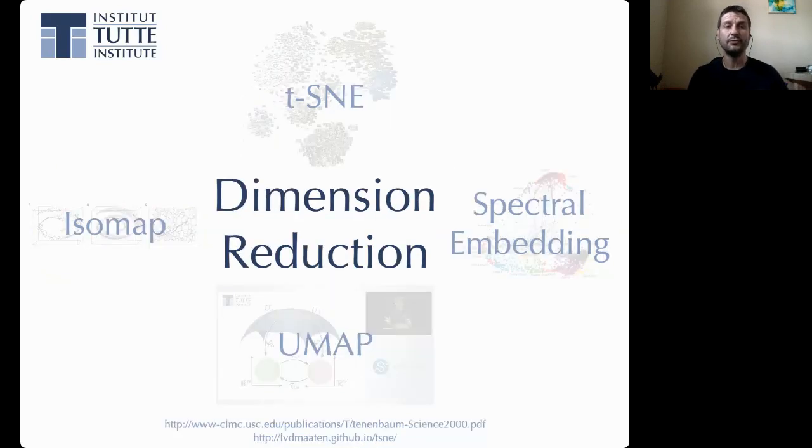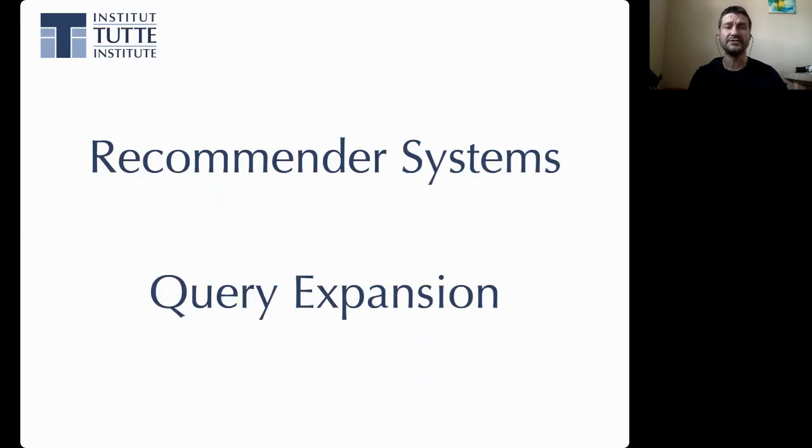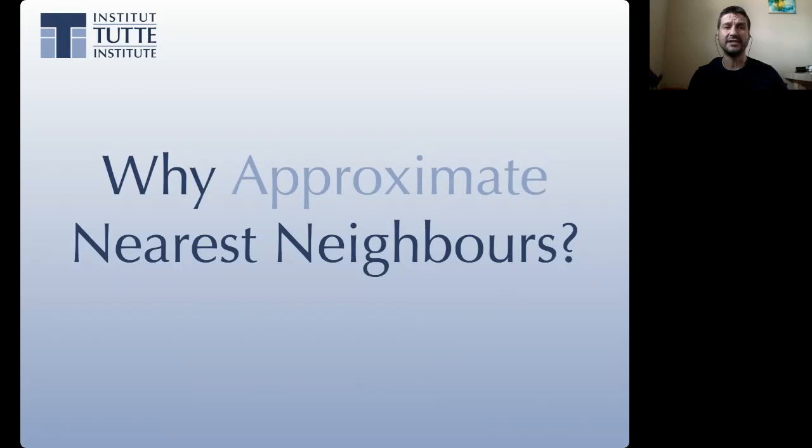And the same is true of a number of different dimension reduction techniques. Often the nearest neighbor search, particularly for high dimensional data, is the bottleneck for these algorithms. And there are also entire classes of recommender systems and query expansion methods built on top of efficient nearest neighbor search.